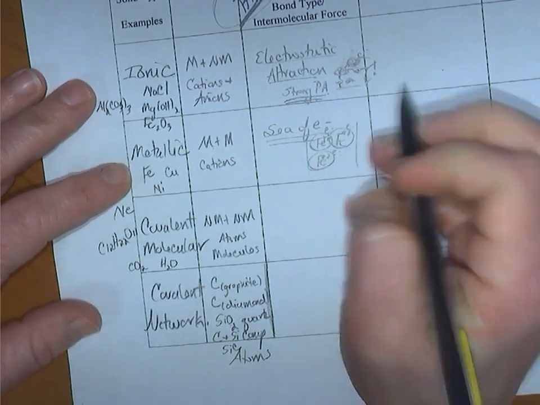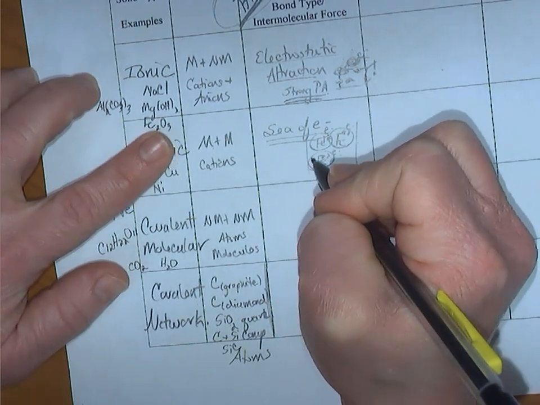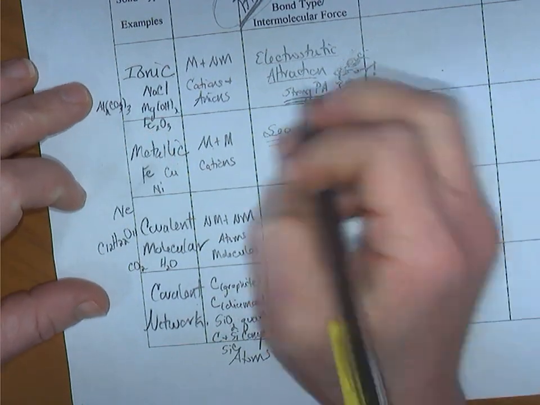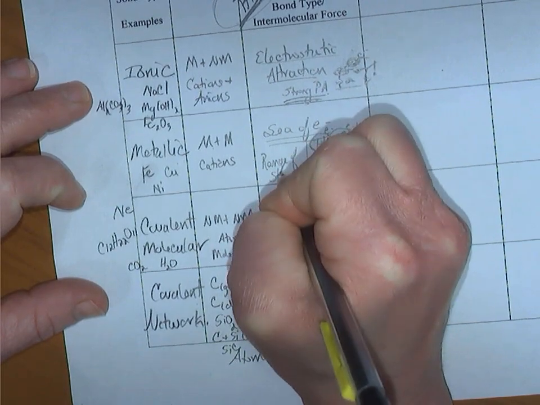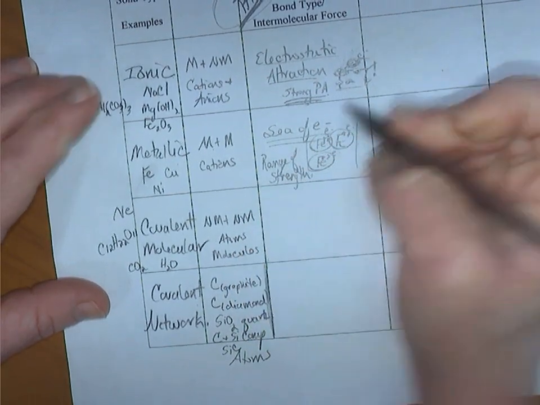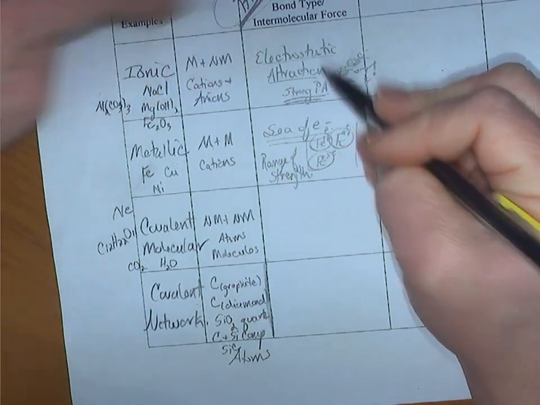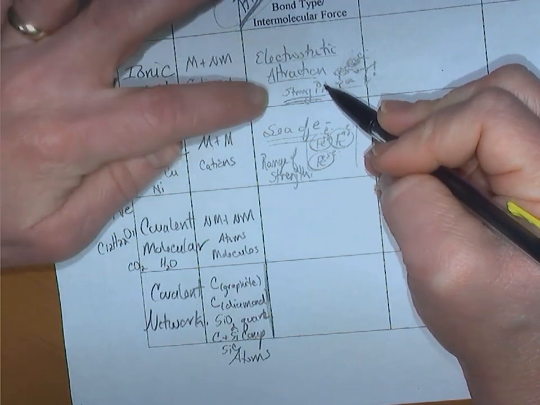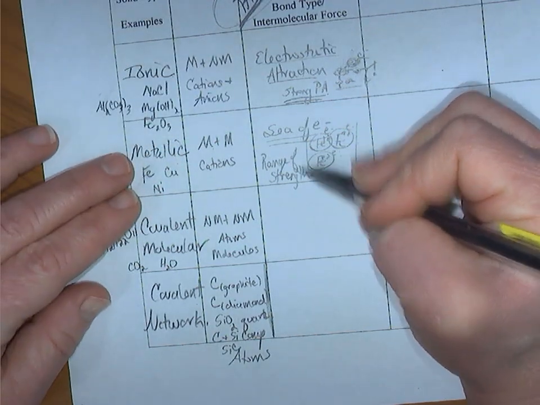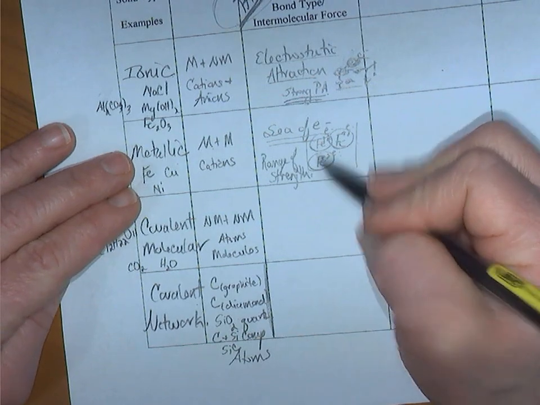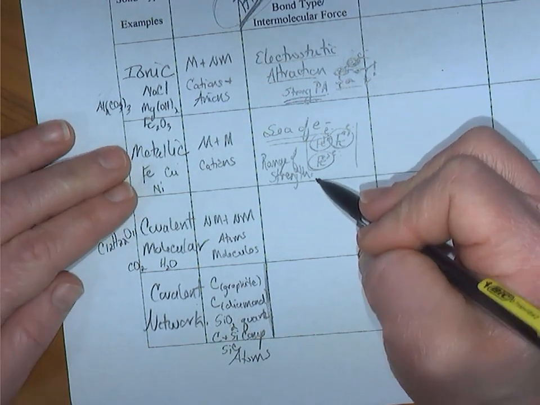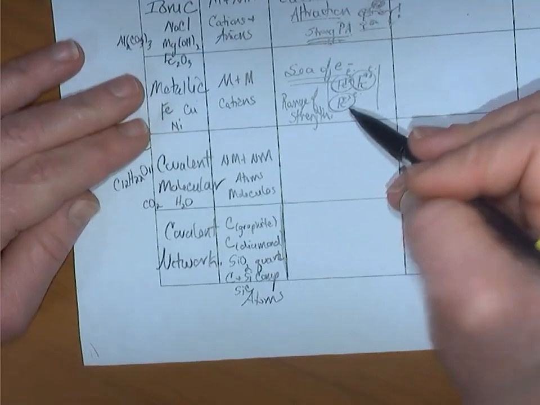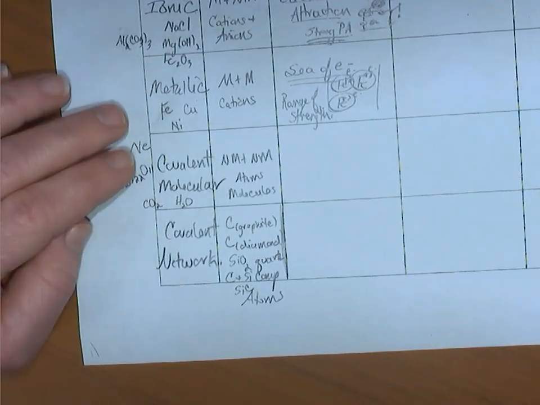But in essence, it's kind of a weak electrostatic attraction. This has a range of strengths. We would generally categorize the pure electrostatic attraction of ionic to usually be a bit stronger than in metallic, but there can be very, very strong metallic crystals, and then some that are a little weaker, and the properties will reflect that.